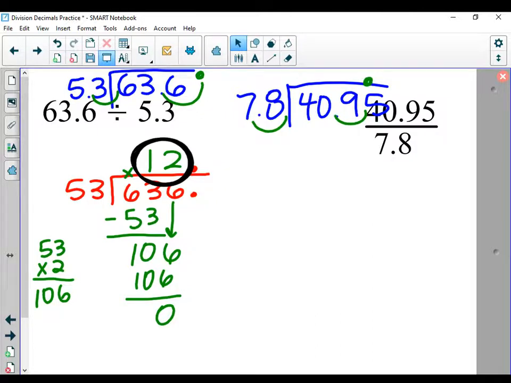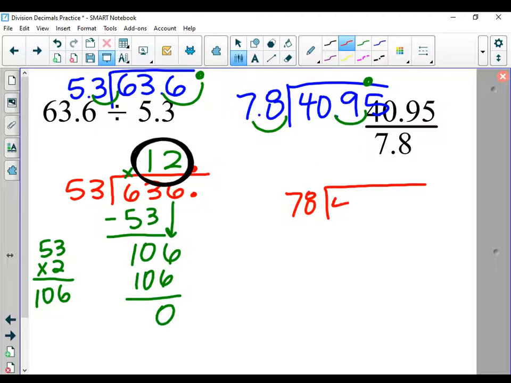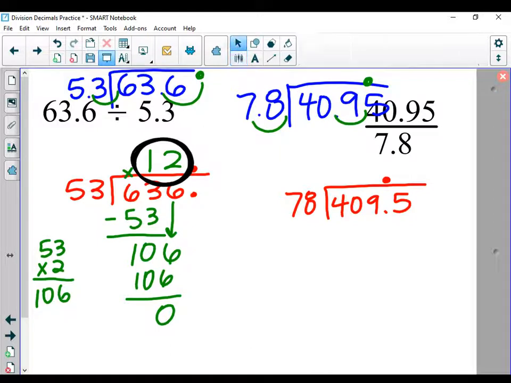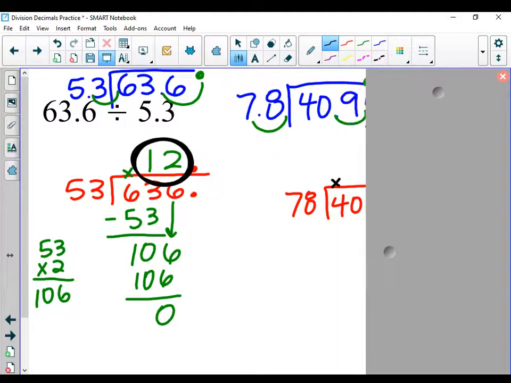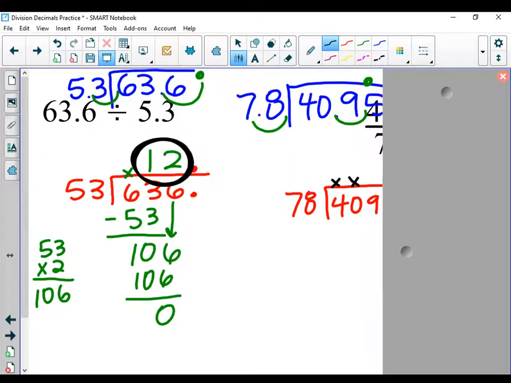I have to rewrite it. My brain does not like all that messiness happening. Left to right. Not into 4. Not into 40. 78 into 409.